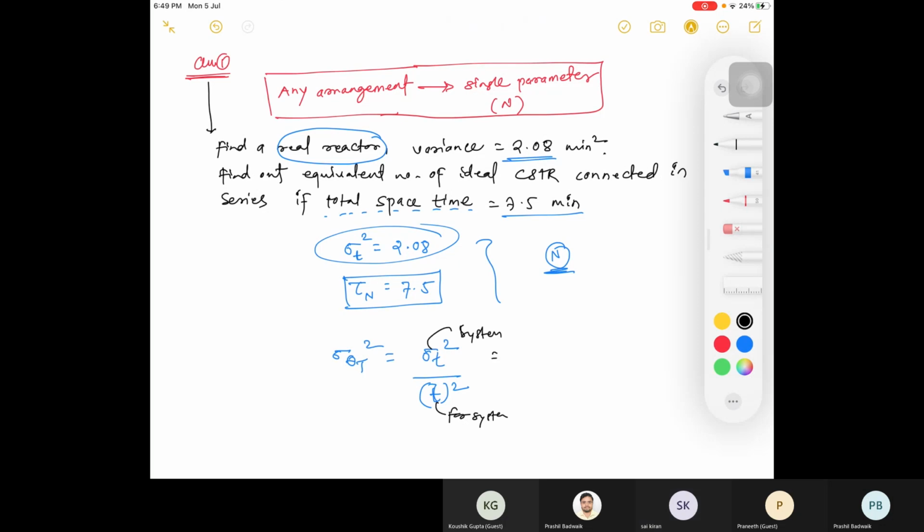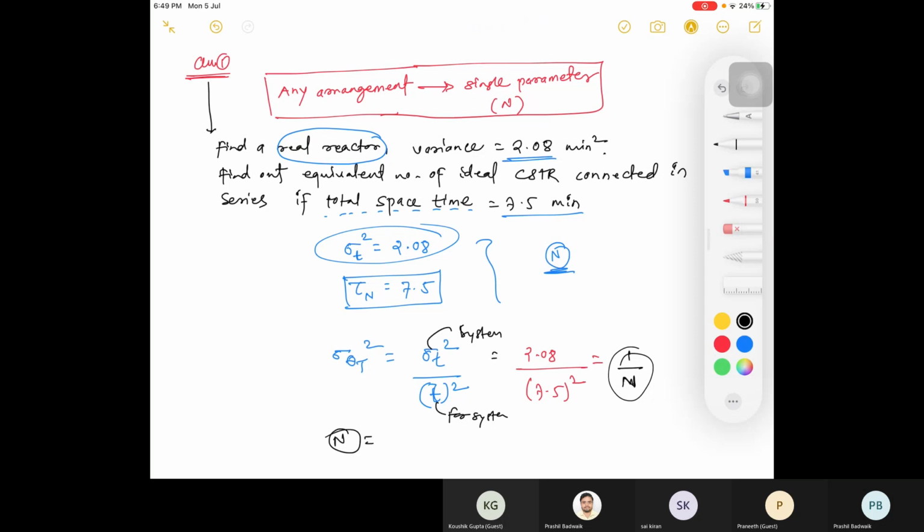So here it is 2.08 divided by 7.5 whole square. And this is equal to what? 1 by n, sir. 1 by n. So you can calculate n.